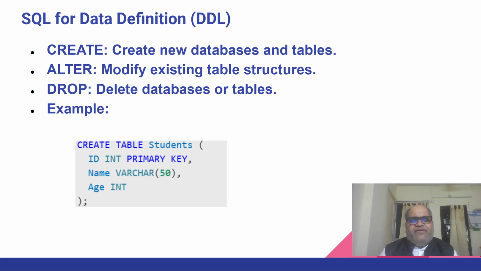In the example, we created a student table with specific columns and constraints. So just look at the create table command here. Create table students, right? Where we are saying that ID will be of type int, and this will be our primary key. Name will be character up to 50 characters, and age will be integer.